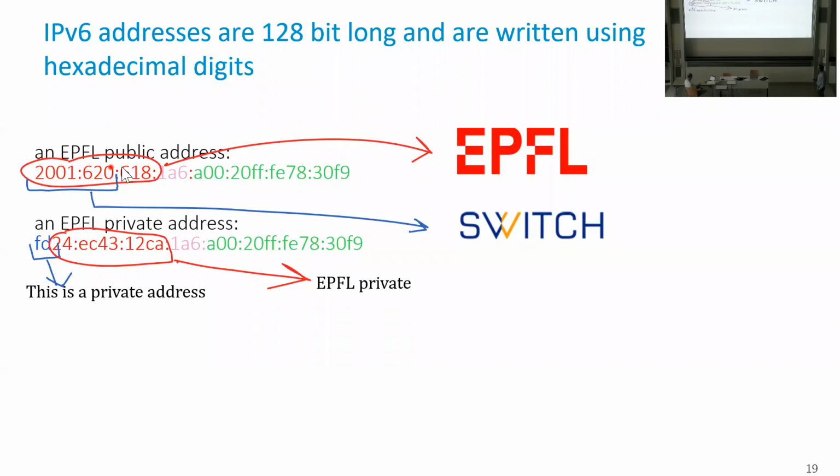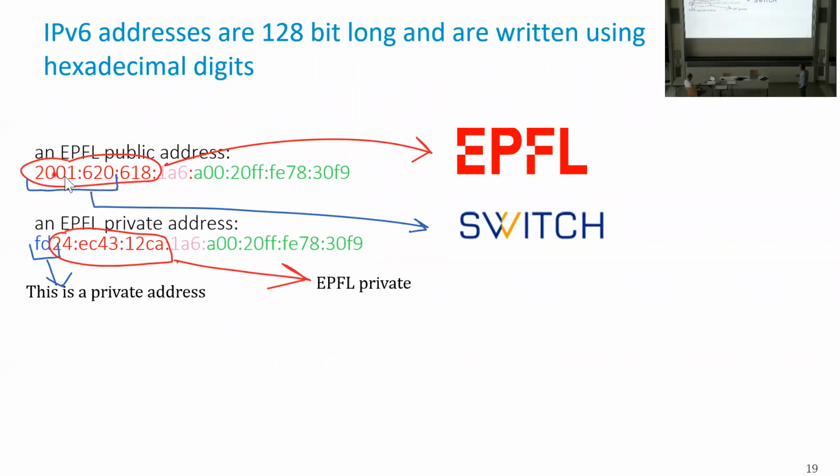Here's, for example, an IPv6 address of EPFL. EPFL has IPv6 on the wired Ethernet part of the network. If you ask explicitly, you obtain one address. I asked explicitly for my office, and I have this address. If you analyze this address, you will see several things.